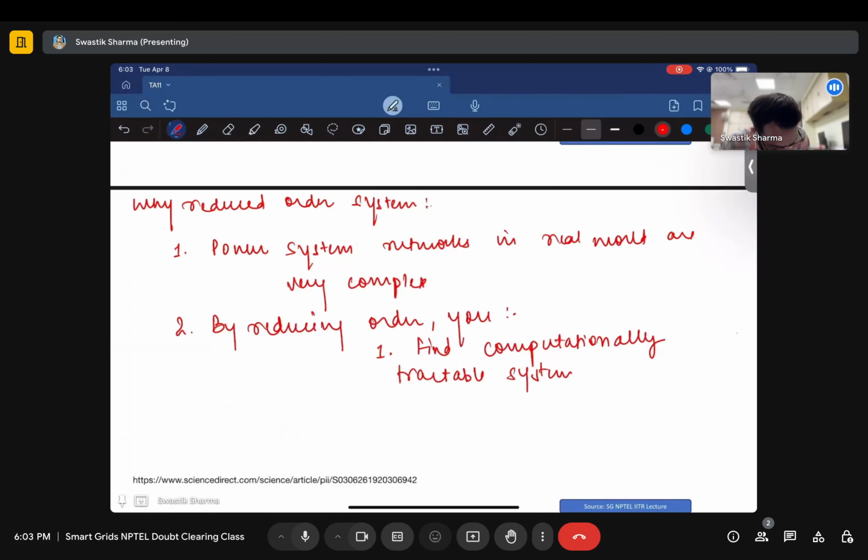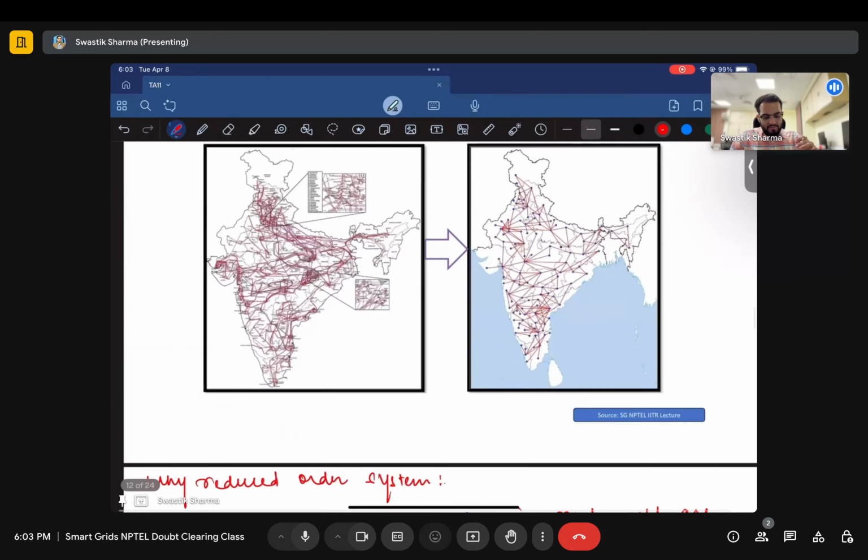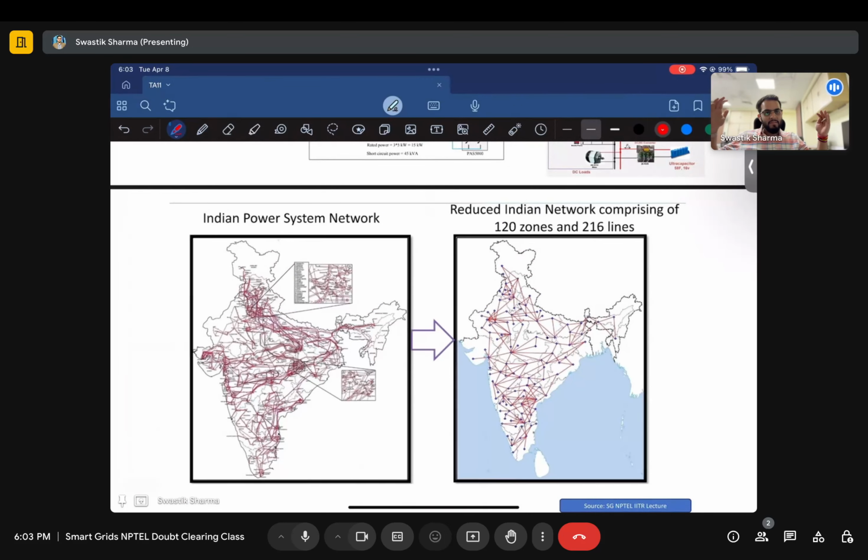If you want to use mathematical models for analysis, you want to make sure that the analysis you want to do is computationally tractable, right? A model can be solved in an infinite number of time steps, and it can be solved in smaller time steps as well, right? So you want to reduce the order of the system. So instead of having 26,000 buses, you can have 120 buses, right? That is what I mean.